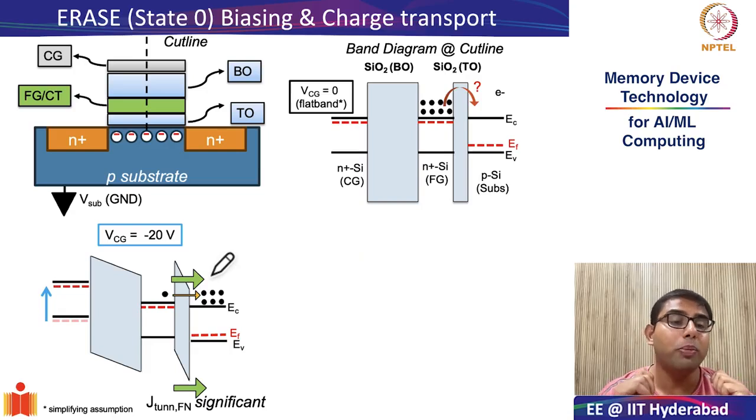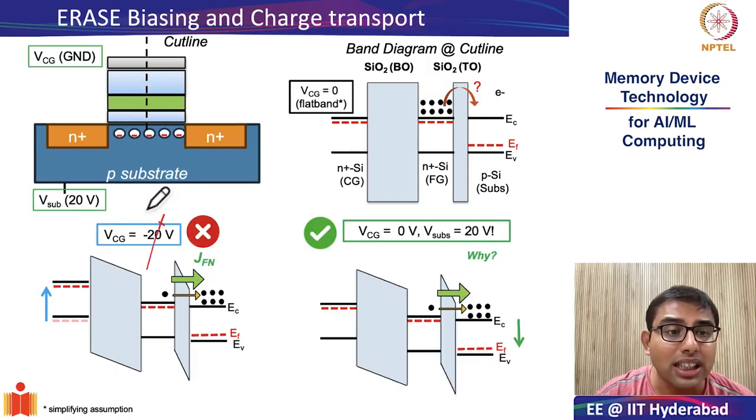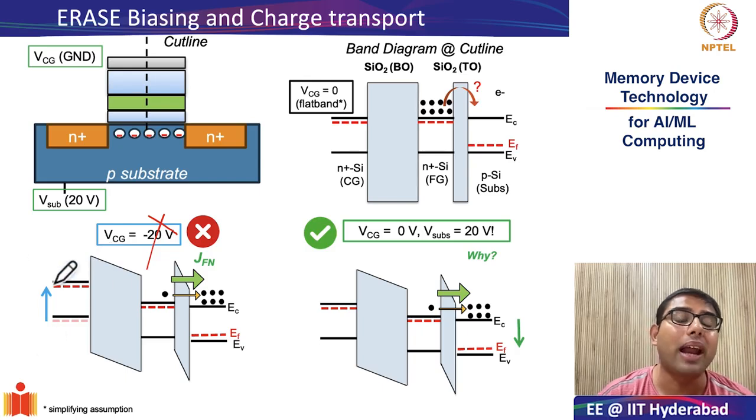Okay. Now, this is what common sense will suggest to us, that there should be an application of minus 20 volts at the control gate. But in reality, in practical devices, this is not exactly what happens. It's not that minus 20 volts is applied to the control gate, but quite the opposite.